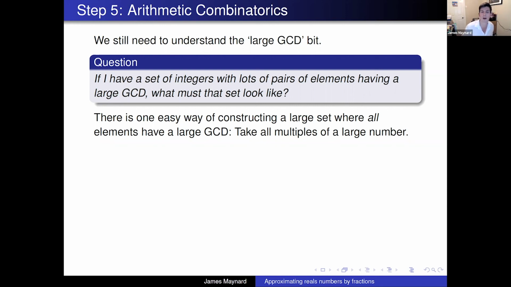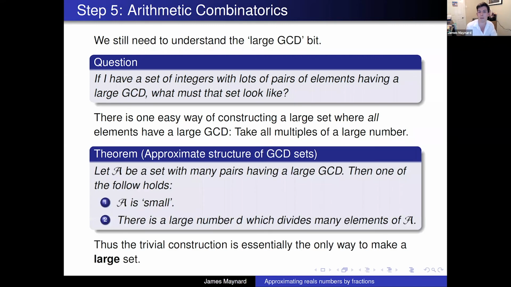So this is essentially a question in arithmetic combinatorics, and we gave an approximate structure theorem for sets with lots of pairs of elements having a large greatest common divisor.